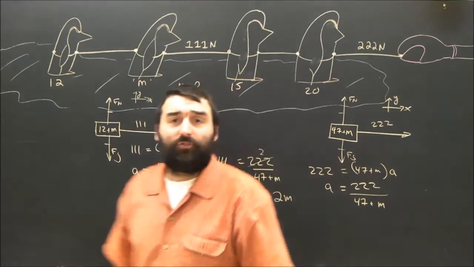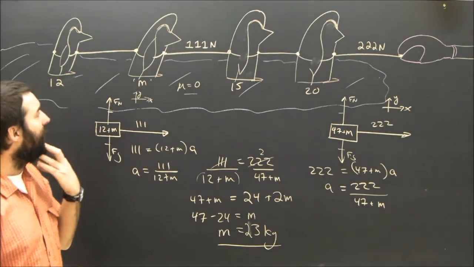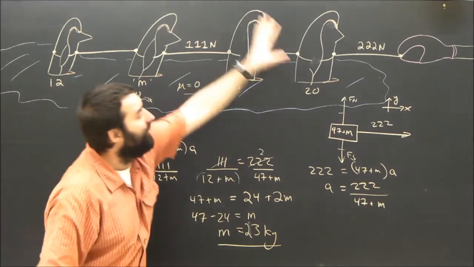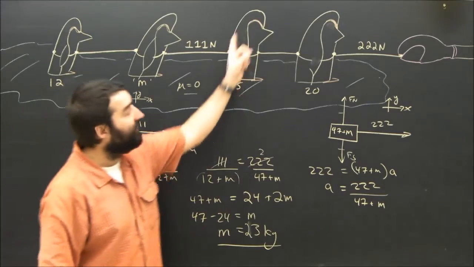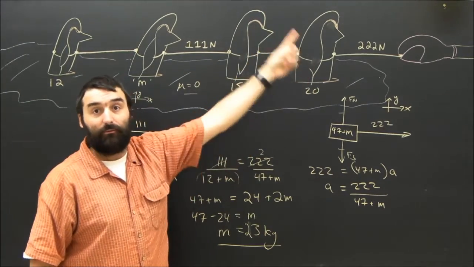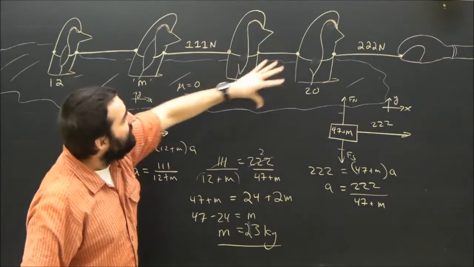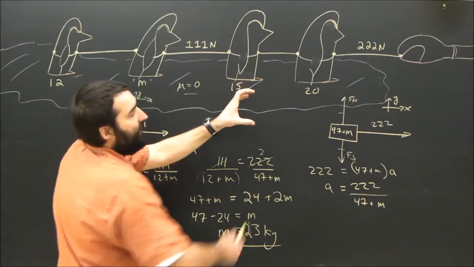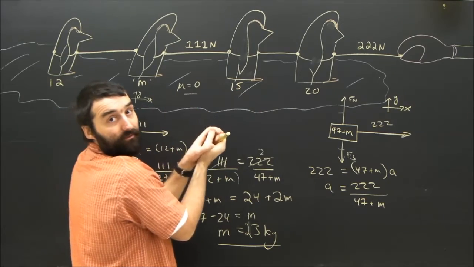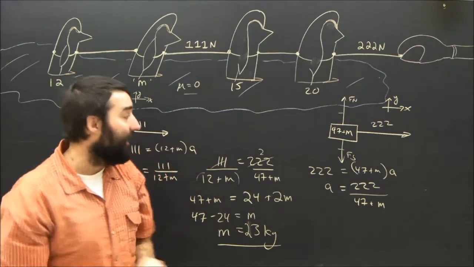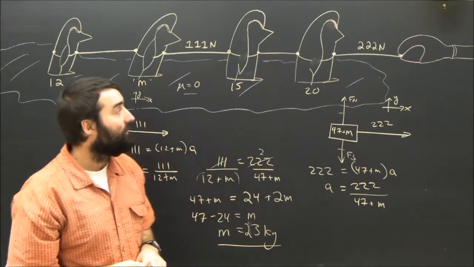Now there are other ways of trying to do this. So, for instance, instead of drawing a free body diagram of the whole thing to start with, I could have drawn a free body diagram of just the front 2 penguins. And if I did that, I would have said 35, and I would have had a force of 222 to the right, I would have had a force of 111 to the left. And then I would have actually been able to find what this acceleration was. Right?